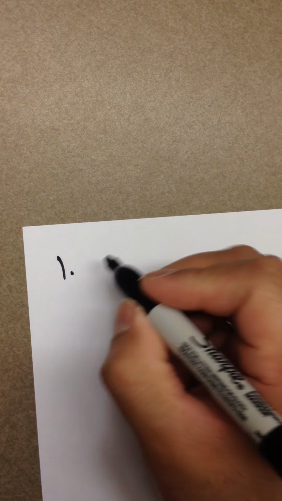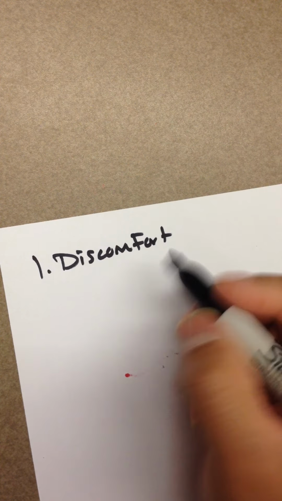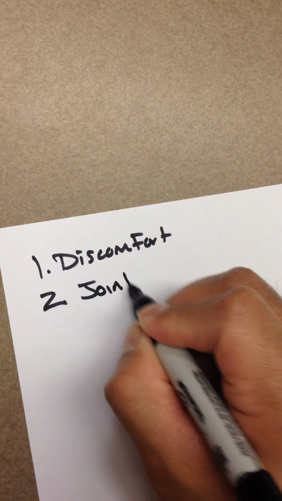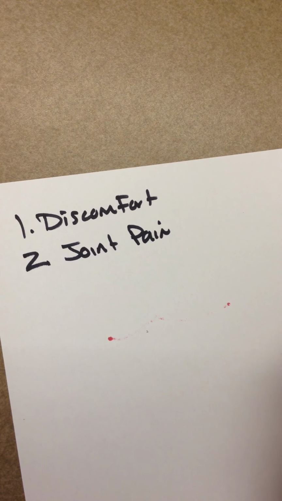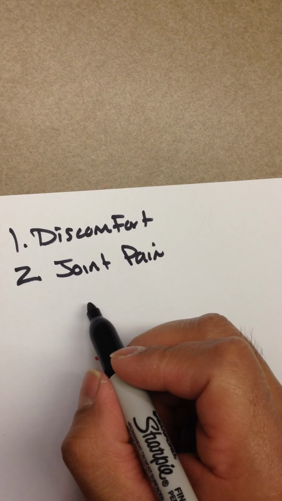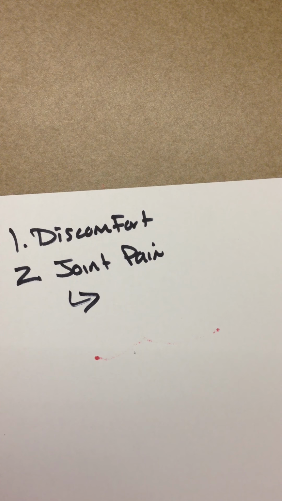So now what would some signs and symptoms be? Number 1, discomfort. 2, joint pain. Now, one thing to remember here for your NCLEX exam is that pain worsens with joint use.